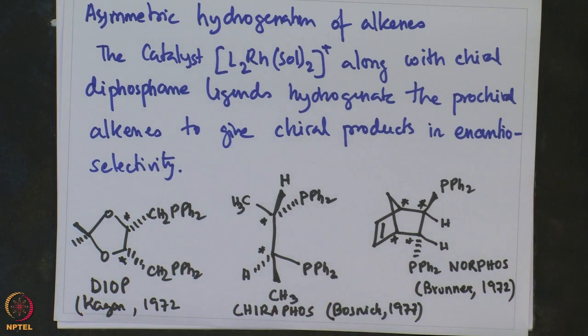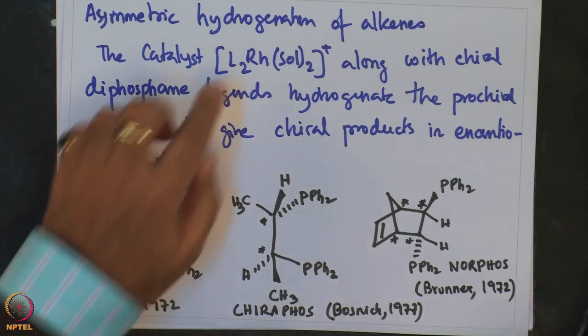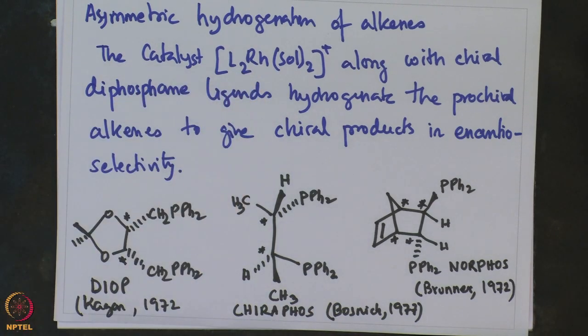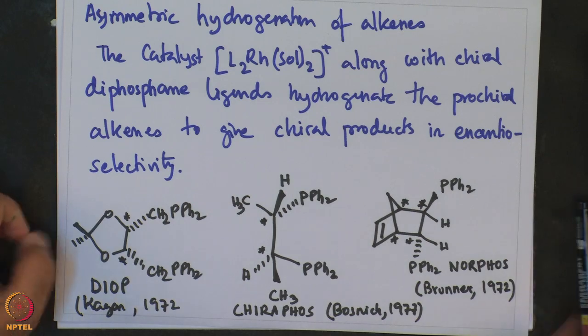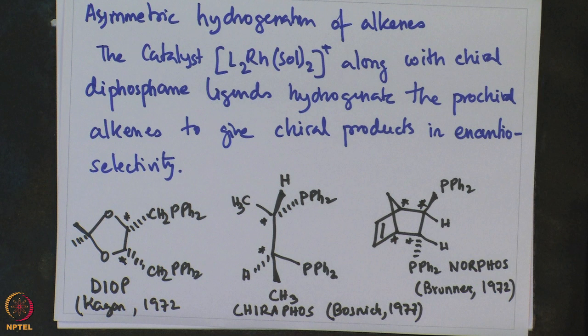So, what one sees is that in this L2 rhodium disolvated plus type of complexes, if one puts a chiral diphosphine ligand of the types DIOP or Chiraphos or Norphos, then the catalyst can hydrogenate prochiral alkenes to give chiral products in high enantiomer selectivity.